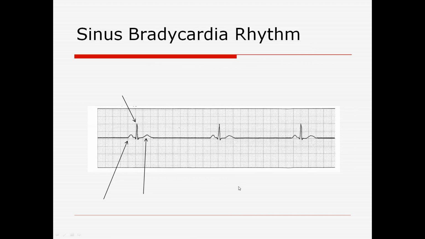If it's sinus, it should start from the SA node and work through, and it should be normal, meaning we have a P in front of a QRS with a T. So here we have P, QRS, T. We have all the components of a normal sinus rhythm, P, QRS, T, P, QRS, T. So normal sinus rhythm, but it's Brady, so it's sinus Brady. We have all the components. So if this was a 6-second strip, it would be 30 beats a minute. Very slow.